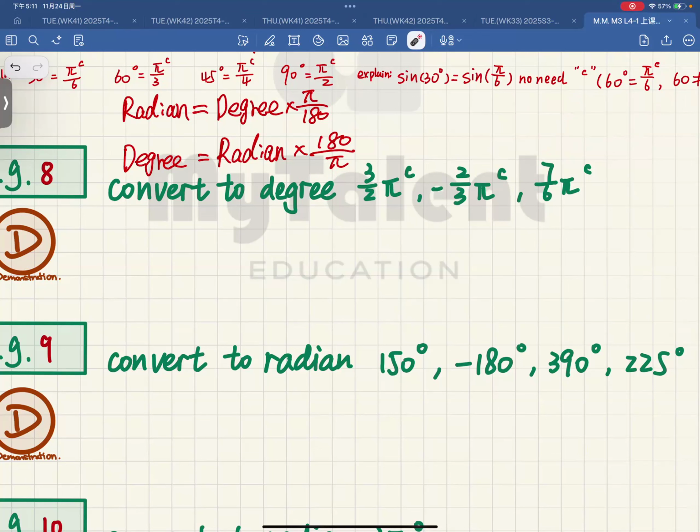Radian is like 2 pi, or pi on 2, or 3 pi on 2. These are radian. So you just need to memorize: if it has a pi, it's radian.